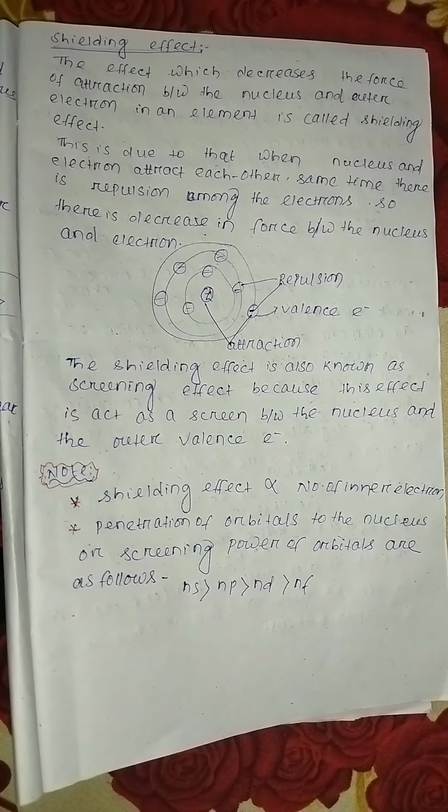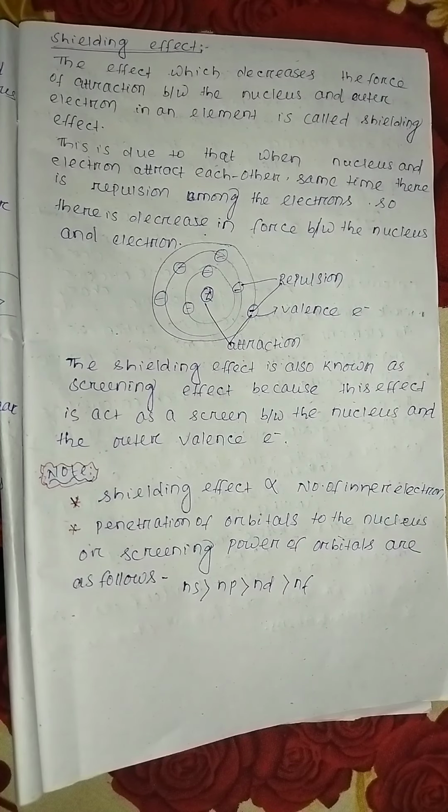This is the valence electron and this is the innermost electron. These two electrons repel, but this electron and the nucleus attract each other. So due to this repulsion, the attraction is somehow decreased or shielded. This electron somehow shields the valence electron from being attracted by the nucleus. This is called the shielding effect.